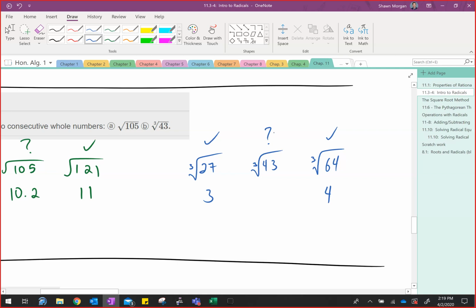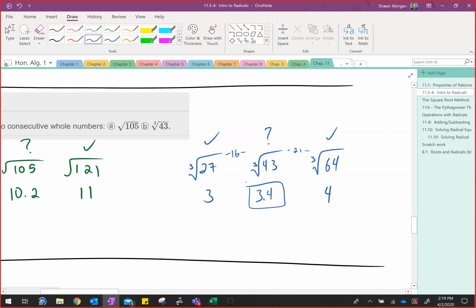It's probably in the neighborhood of maybe like what? Maybe 3.4? There's a difference of 16 there, and a difference of 21 between these two guys. So it's likely going to be maybe 3.4-ish.